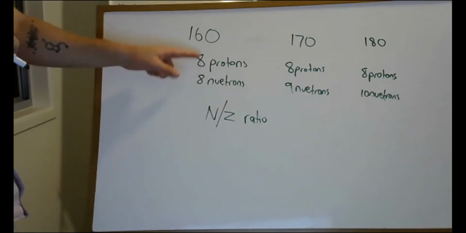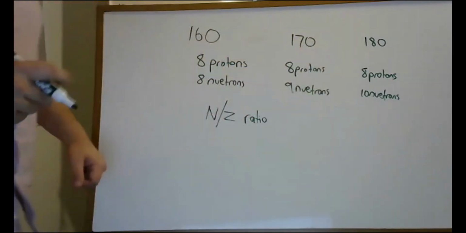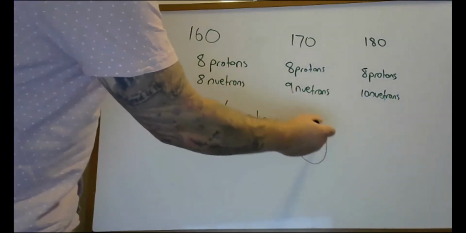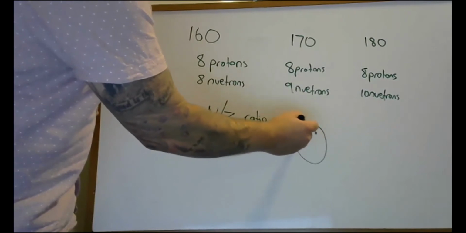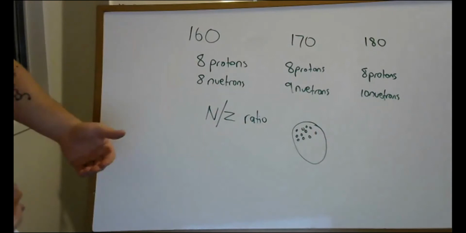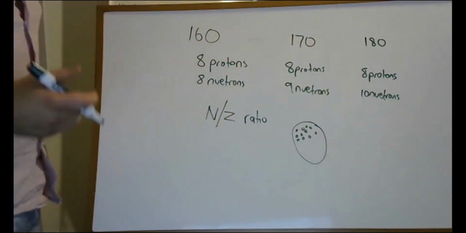So the more off this ratio is, the more unstable the nucleus is. If you think there's only so much room inside the nucleus, you start adding loads of neutrons, the nucleus is going to want to get rid of some of those to come back down to a stable isotope.